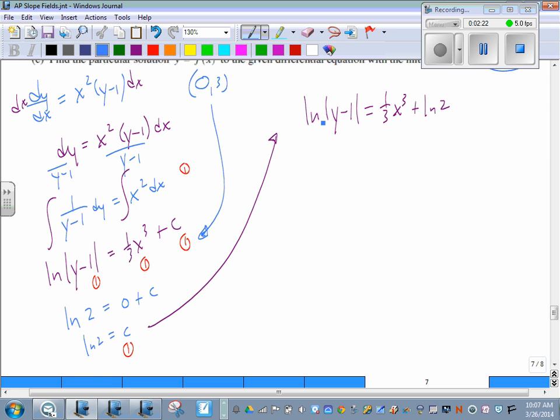So to get rid of this natural log and get the y out, we're going to take e to the power of each side. So e to the natural log of absolute value of y minus 1, that just equals absolute value of y minus 1. Over here we have e to the (1/3 x cubed plus natural log of 2).